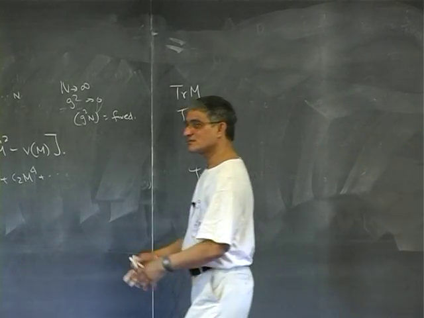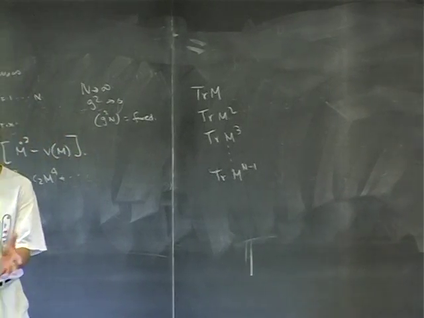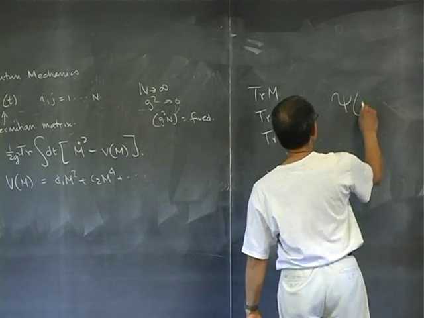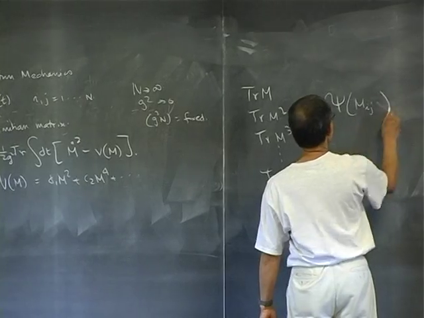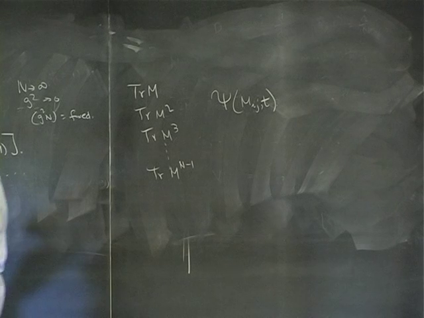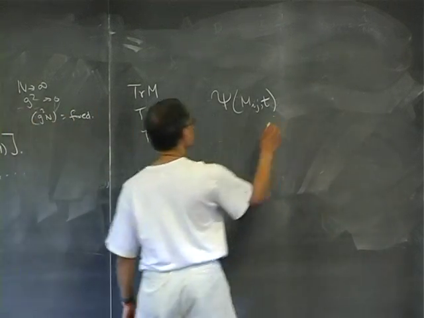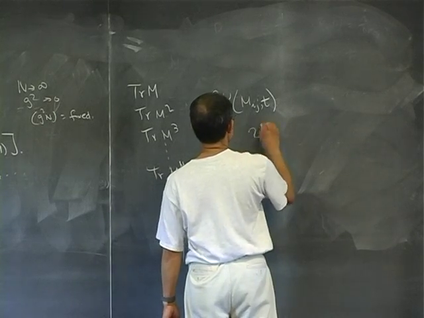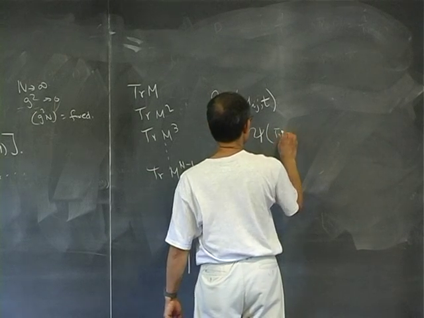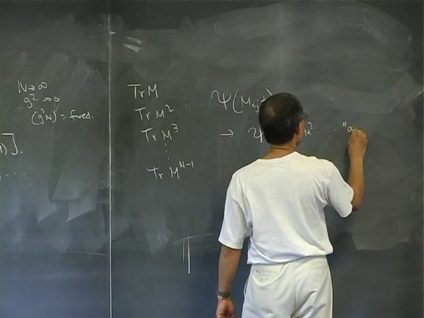Okay? But this collection of an infinite number of invariants of the matrix, so what you want to write down, just follow my example of what I did. There was an original wave function which was a function of the matrix and time. That's what wave functions are, and you want to write this as a wave function of these things, trace m squared, and what I call angular variables.